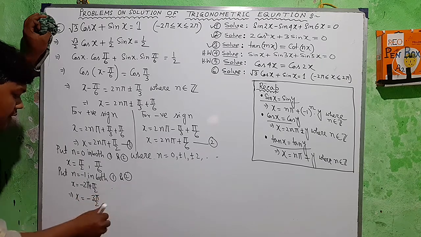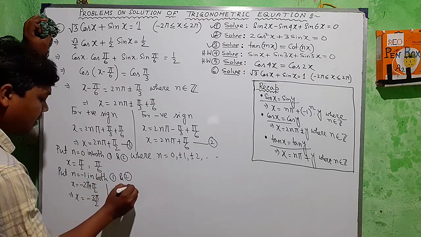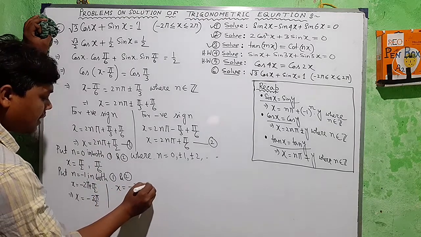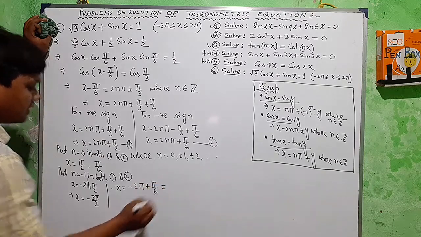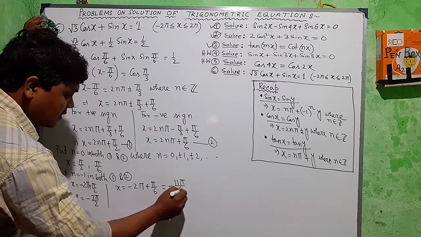And from the second, x equals to minus 2 pi minus pi by 6, that gives minus 13 pi by 6.